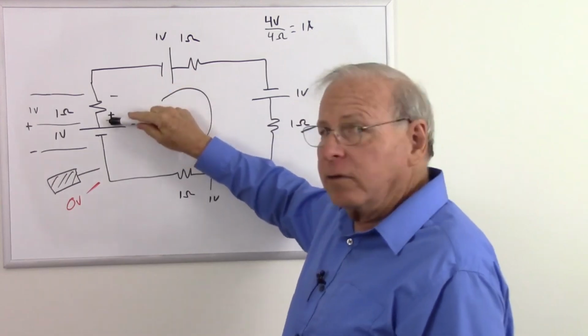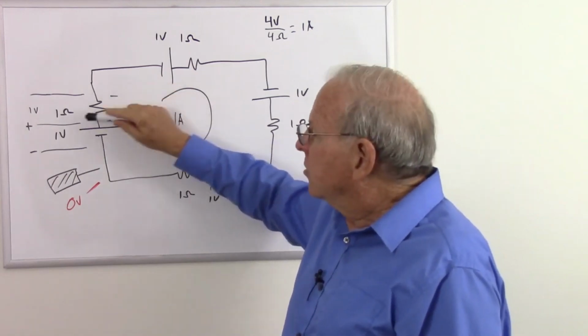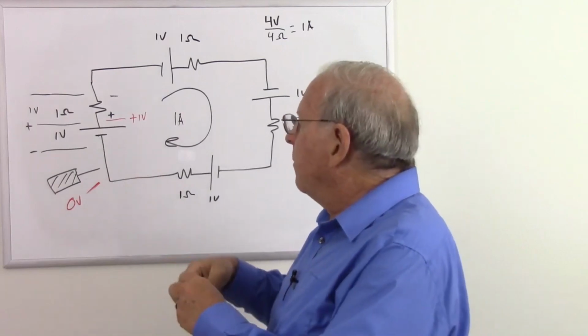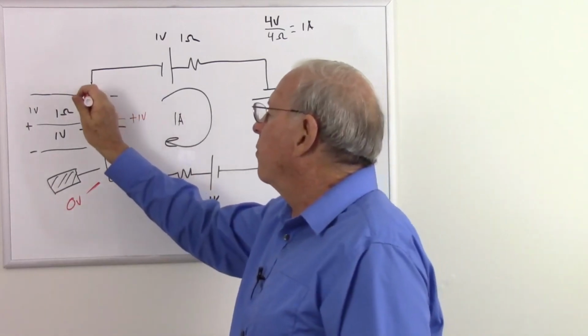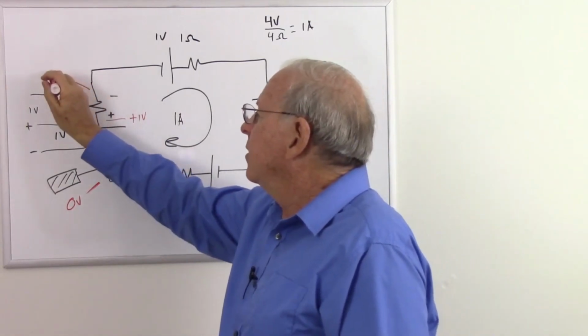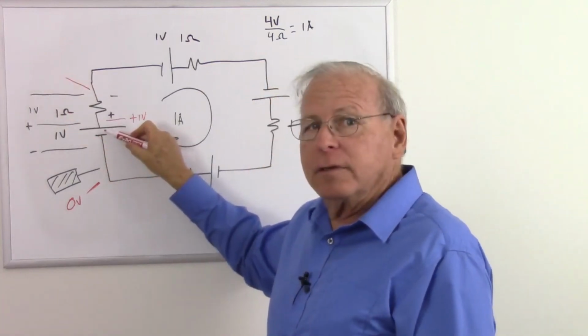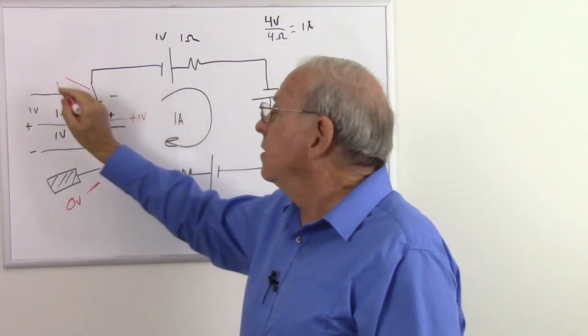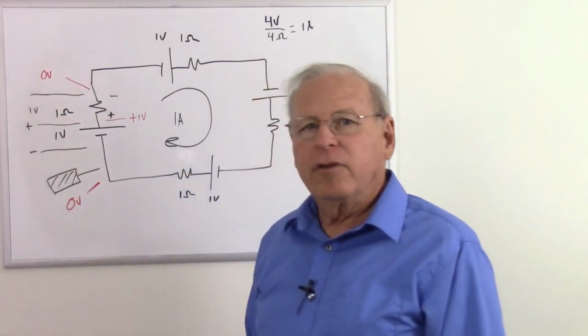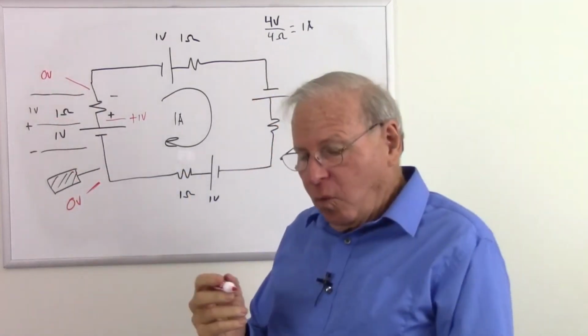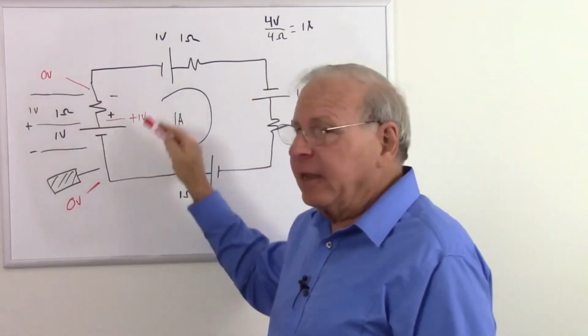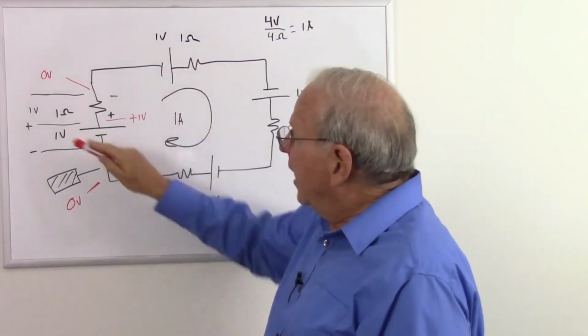So we gained a volt, then we lose voltage. How much? 1 volt. So when I put my positive probe right here, I get what? I gained a volt, then I lost a volt. 0 volts.